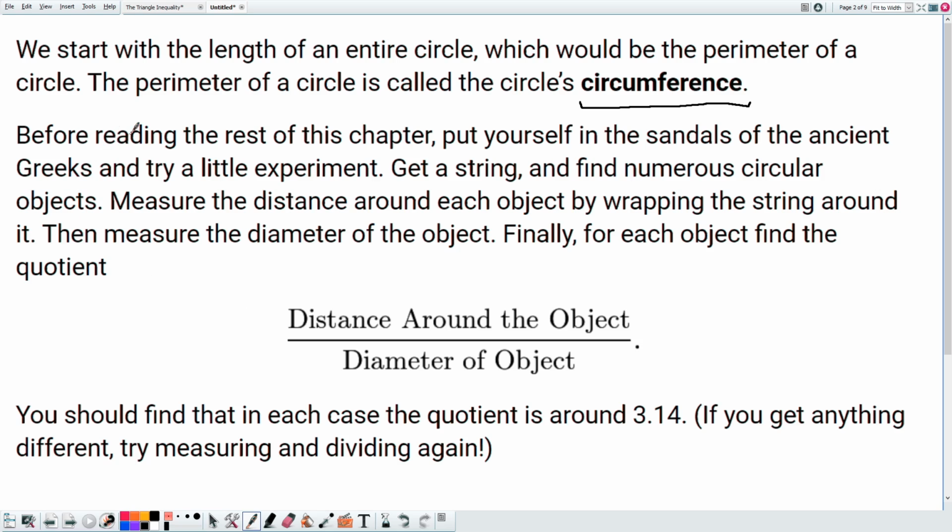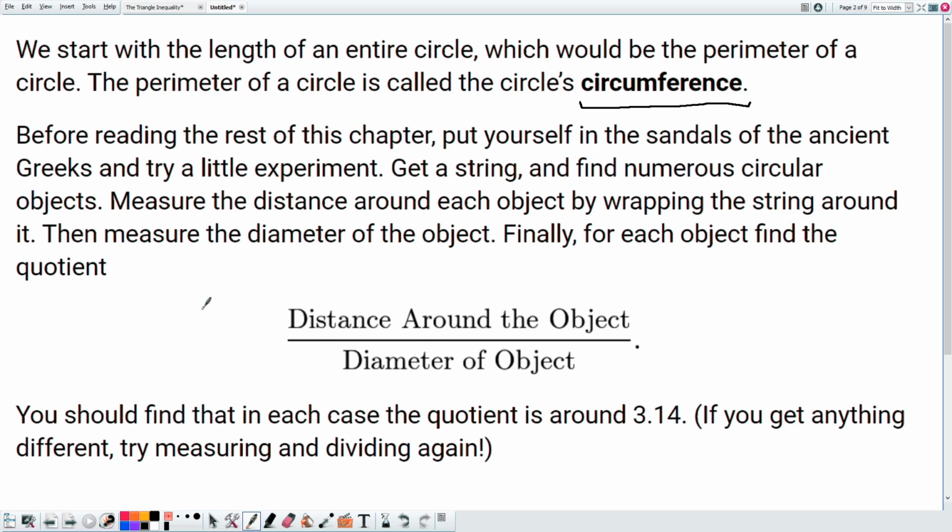Now, if you were in the shoes of the Greeks trying to figure out some characteristics of the circle, you could take circles of different circumferences, circles that have different measures of their lengths or perimeters, and try to find some ratios.